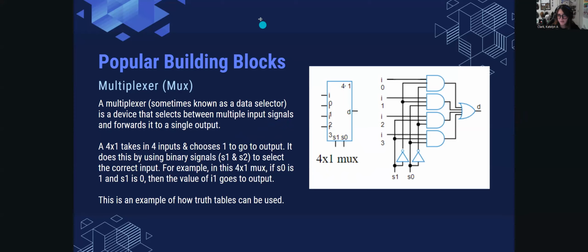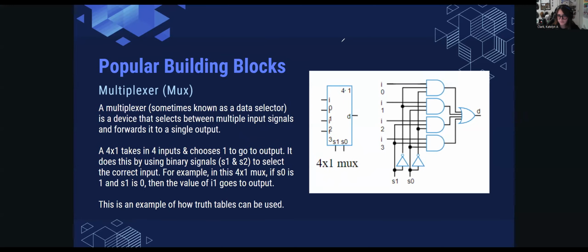So this is basically an output based on a truth table. If we have, pretend this is I0, I1, I2, I3, and we have S1 and S2. These S1 and S2 are going to be binary representations of these 4 options.